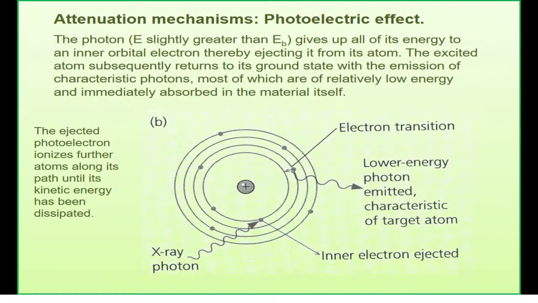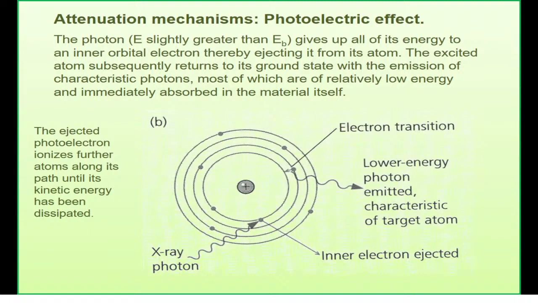The excited atom subsequently returns to its ground state with the emission of characteristic photons, most of which are of relatively low energy and immediately absorbed in the material itself. This is just the photoelectric effect.